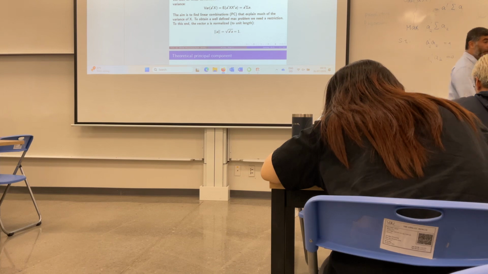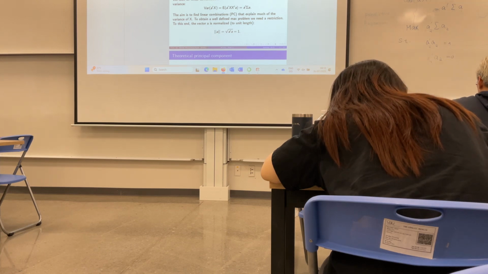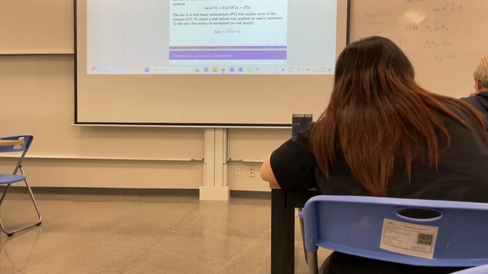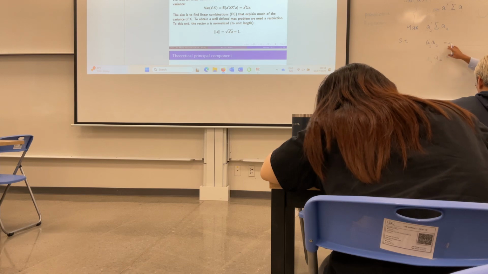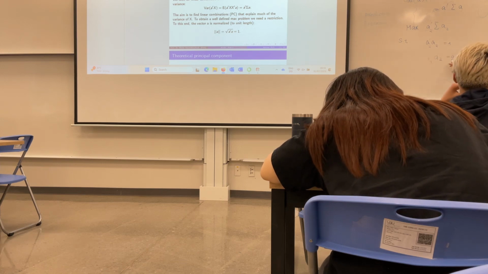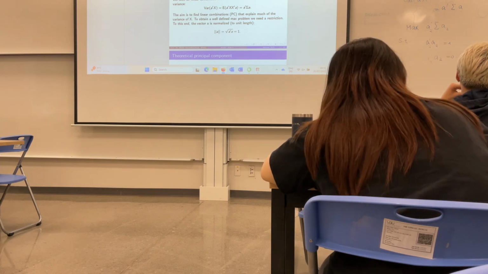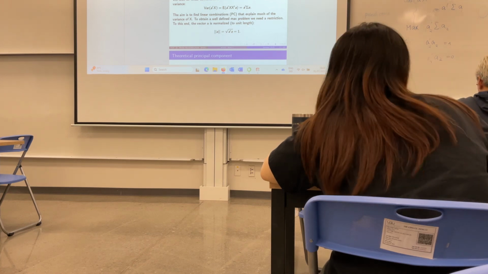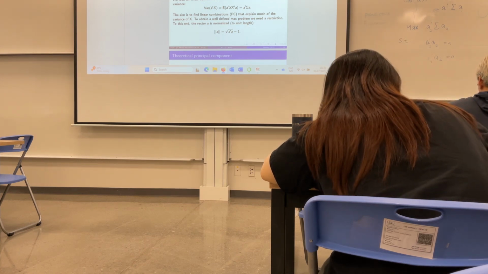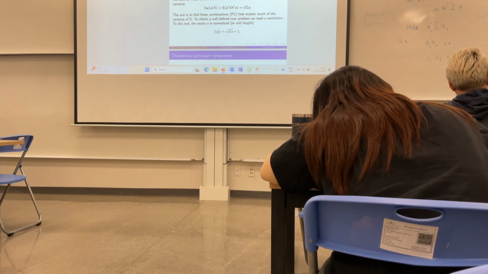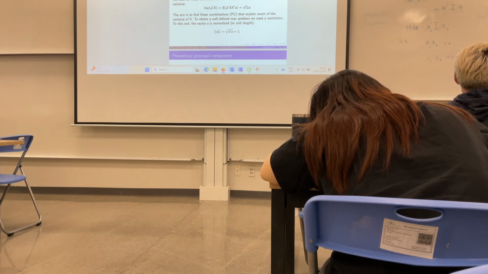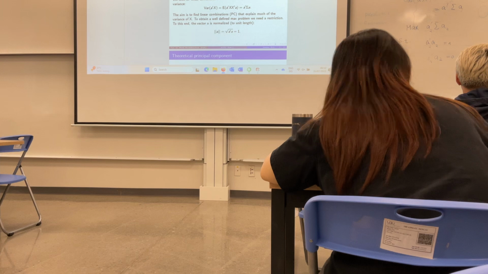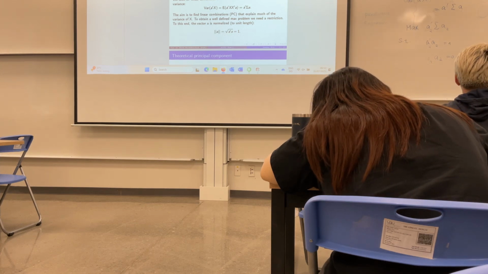And we know something: A2 prime times A2 is 1, and A1 prime times A2 is 0. These are what we know. So if I multiply both sides by A2, then this term will drop.